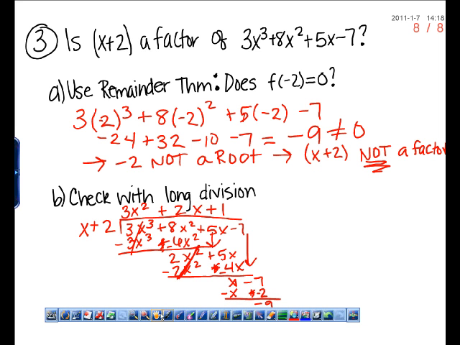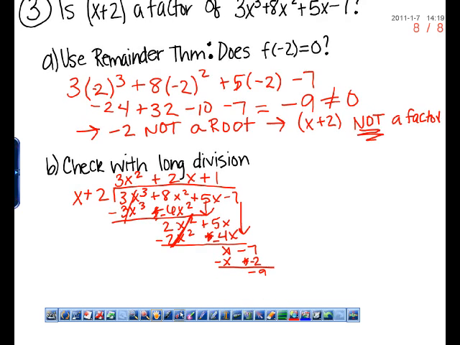Do I have anything left to bring down? No. Where does that negative 9 look familiar to you from? Yeah. We just did. So remember, the remainder theorem says whatever you plug in, hold on, don't close it yet. Whatever you plug in is going to give you your remainder. So my remainder is negative 9. Here's how you write this to get your final answer. Since it's a negative, you're going to say minus 9.